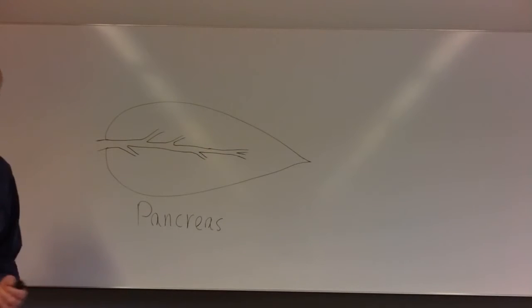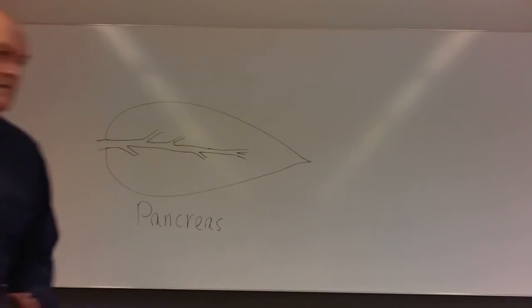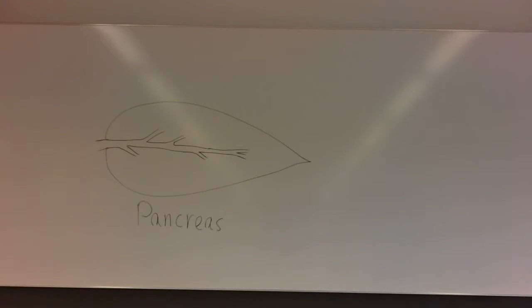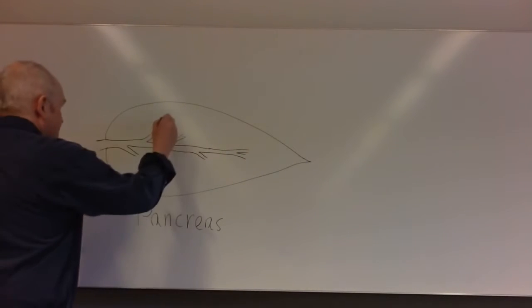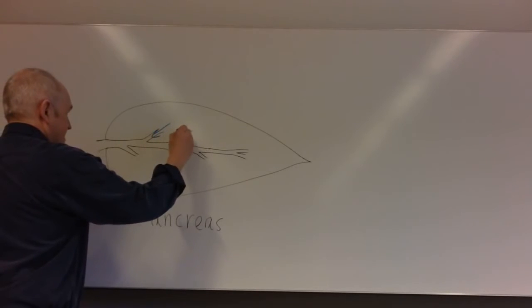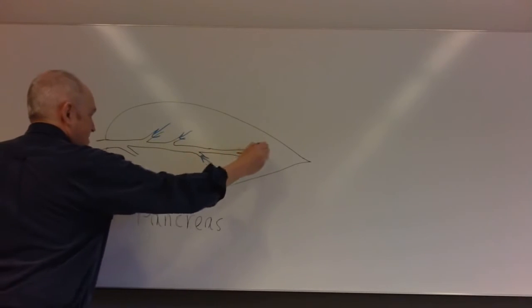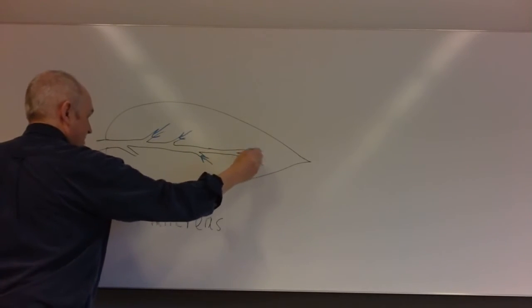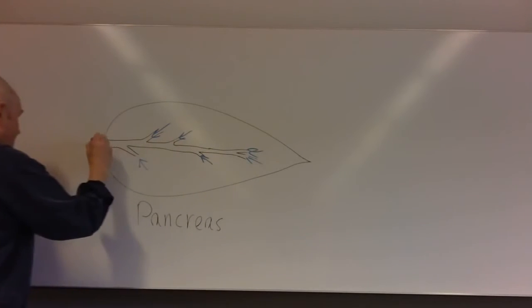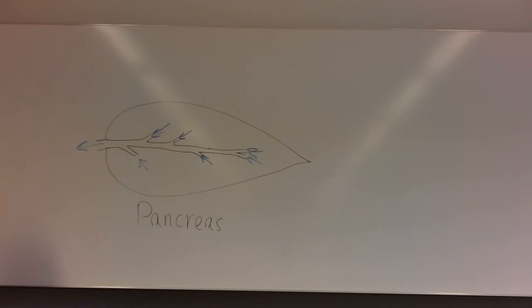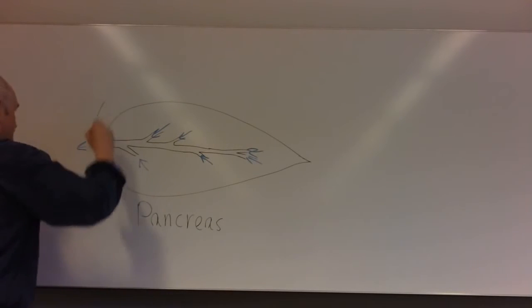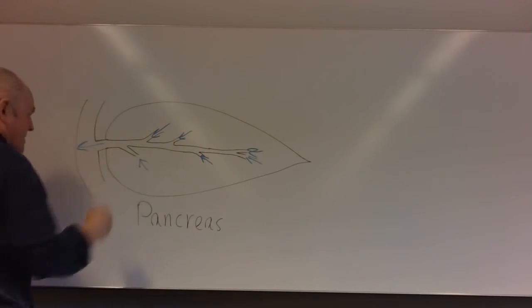And of course, most of the pancreatic cells produce digestive enzymes. So these ducts here, these pancreatic ducts, digestive enzymes go down here, come out here, and of course that goes into the first part of the small intestine, which is the duodenum.